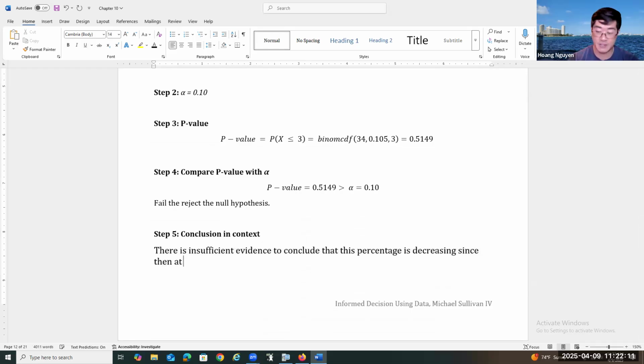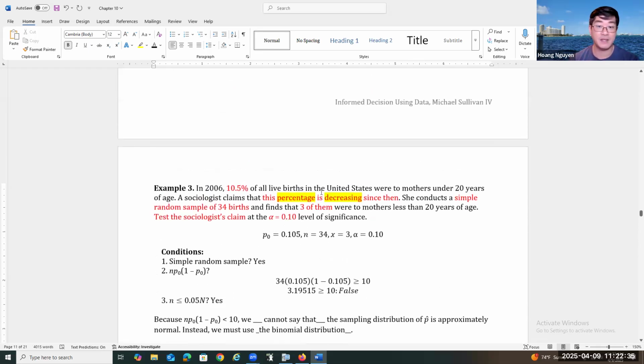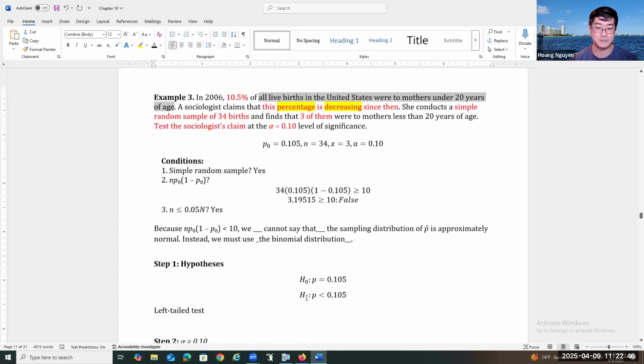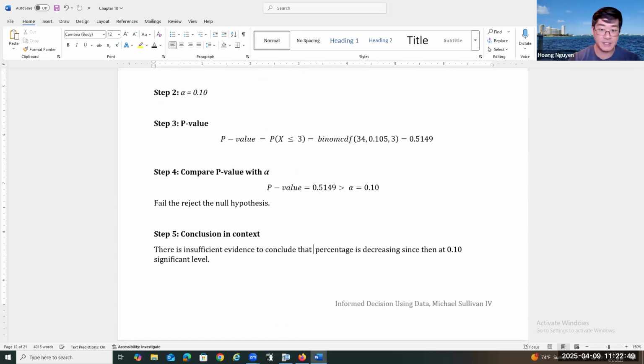And if you want to be more specific, you can say at the 0.10 significance level. And you can also be more specific about the percentage: the percentage of live births in the US that were to mothers under 20 years of age is decreasing since then.